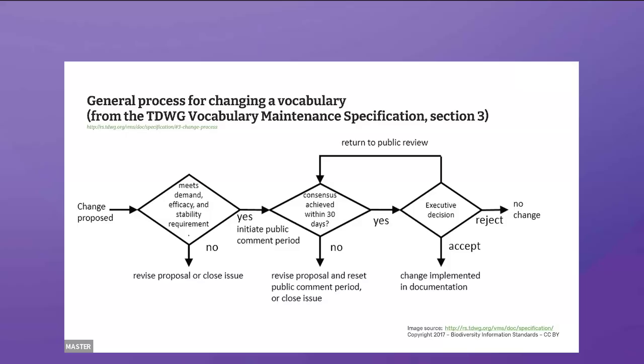Proposed changes meeting these criteria are approved by the maintenance group to undergo a 30-day public comment period, during which consensus about the proposal is sought. If consensus is achieved, the executive committee makes sure that the procedures have been followed properly and ratifies the change.